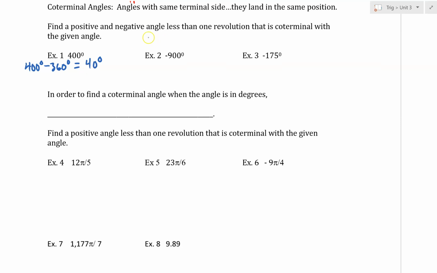Now, it's also asking me for a negative angle. And if I'm looking for the negative angle, it also has to be within 1 revolution negative. So if I know this one is going to give me the positive answer I'm looking for, then I could just keep going. I could subtract from 40. I could take away another 360 degrees, and that would give me the negative coterminal angle that I'm looking for.